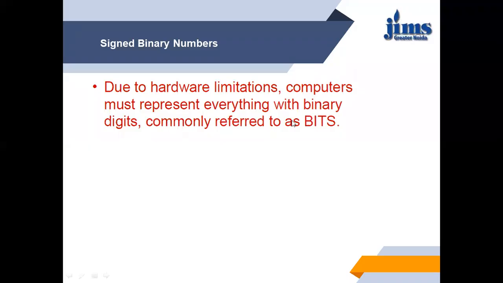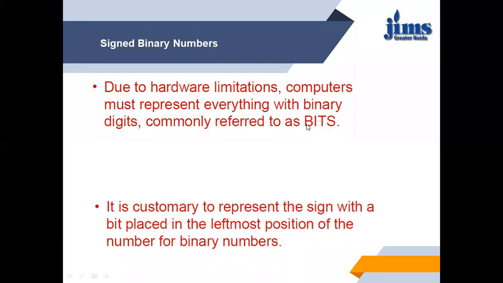4 bits equal a nibble, 8 bits equal a byte, 16 bits is a half word, and when we are representing a bunch of 32 bits in an array, then it is known as a word. So these are the representations in binary numbers.